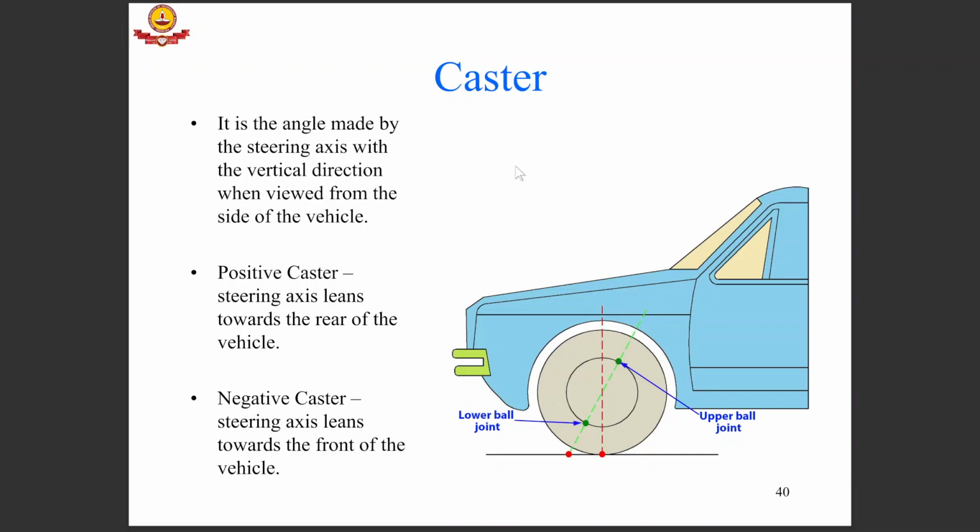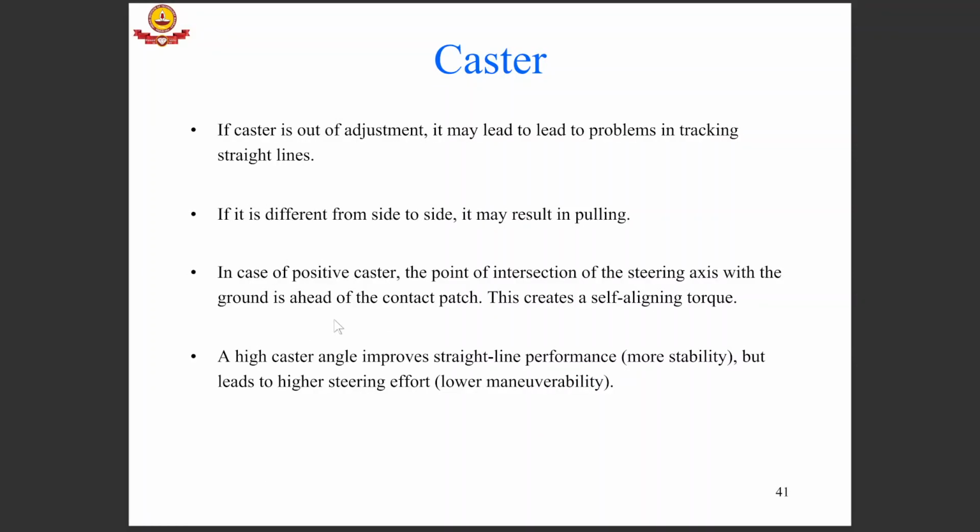This is the angle made by the steering axis with the vertical direction when viewed from the side. A positive caster means the steering axis leans towards the rear of the vehicle, and negative caster means it leans towards the front. The image shown here corresponds to a positive caster.